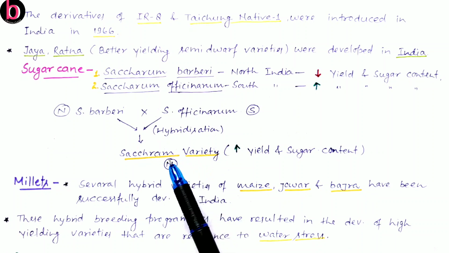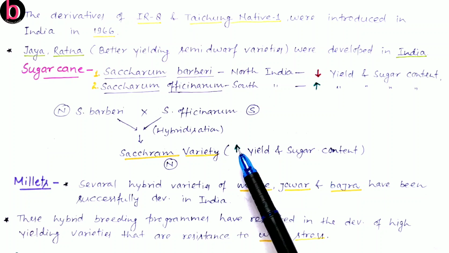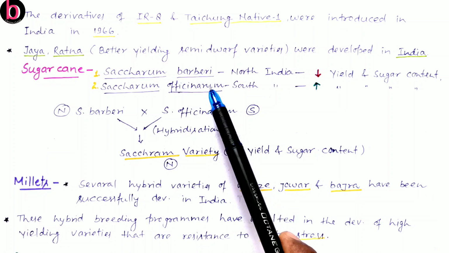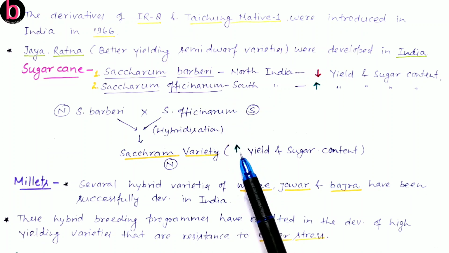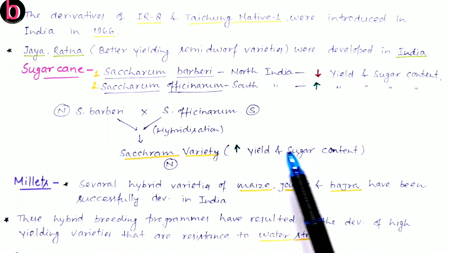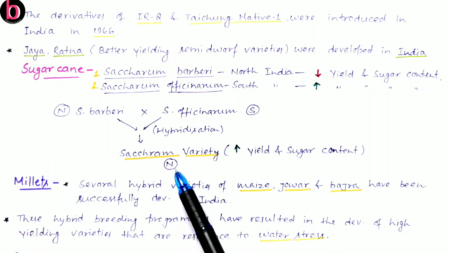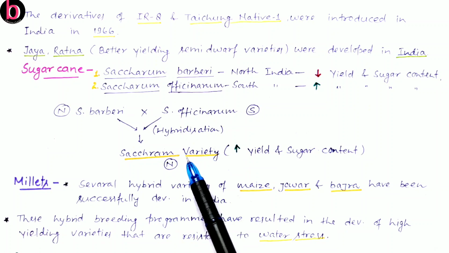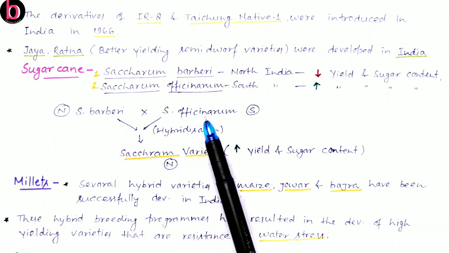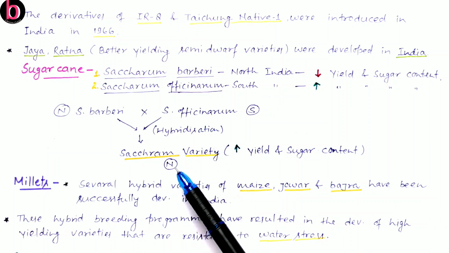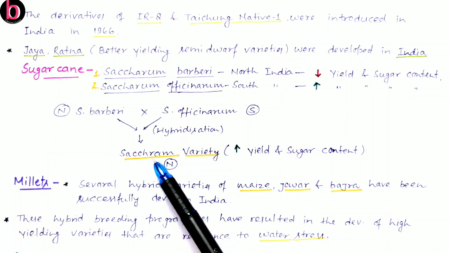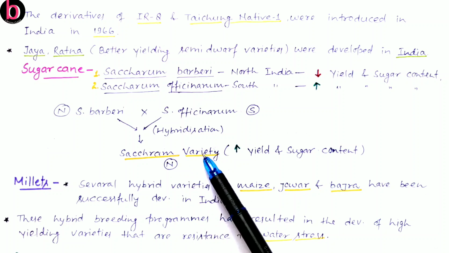We can say this variety carries the characteristics of Saccharum officinarum, that is high yield and high sugar content, and it is also adapted to grow in the North Indian region. So already for South India there was Saccharum officinarum, and now for North Indian climatic conditions there is also a new variety. So this problem is also sorted out by plant breeding experiments.